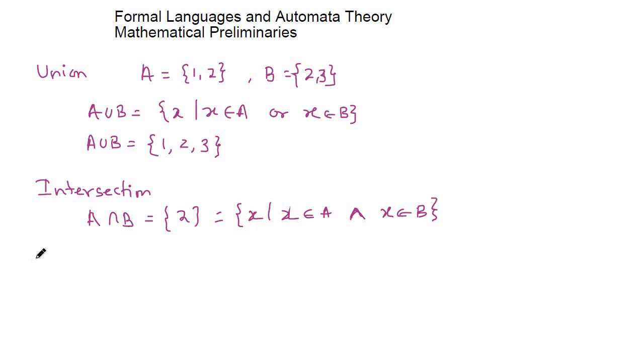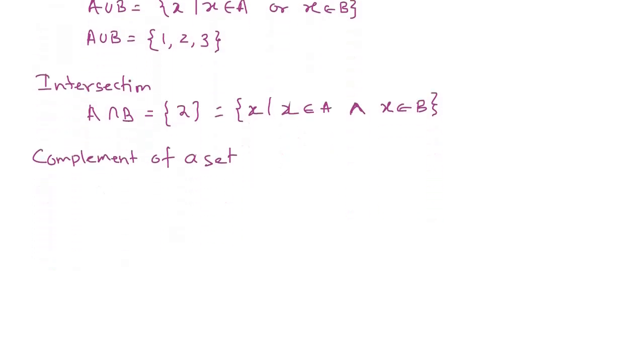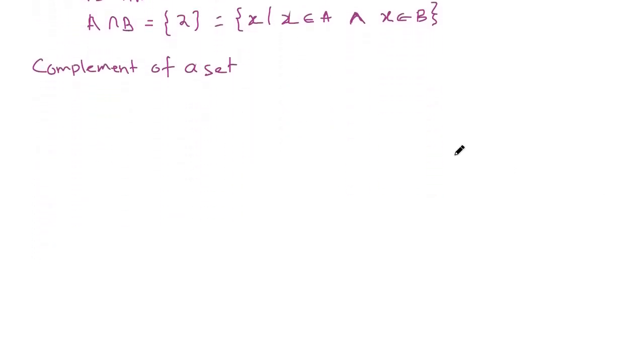The next one is complement of a set. It requires only one set to be taken in the complement. But before actually taking the complement, you need to know the larger set, the universal set, the set containing all those objects which are related to the problem.